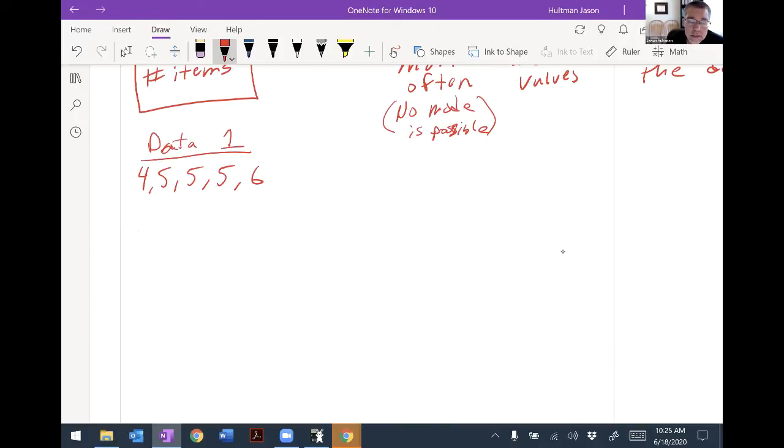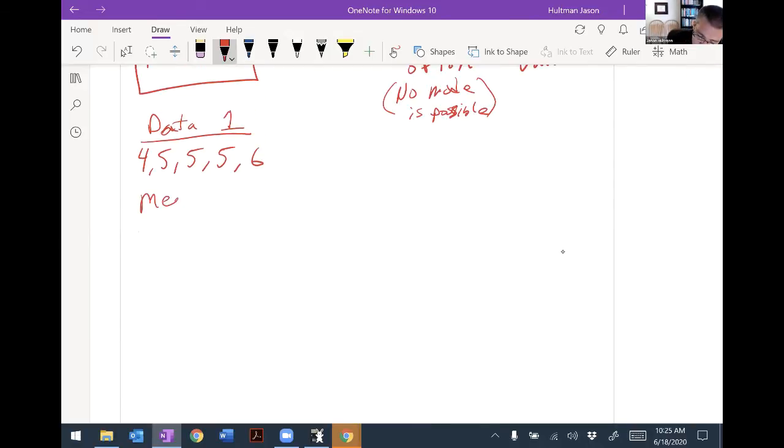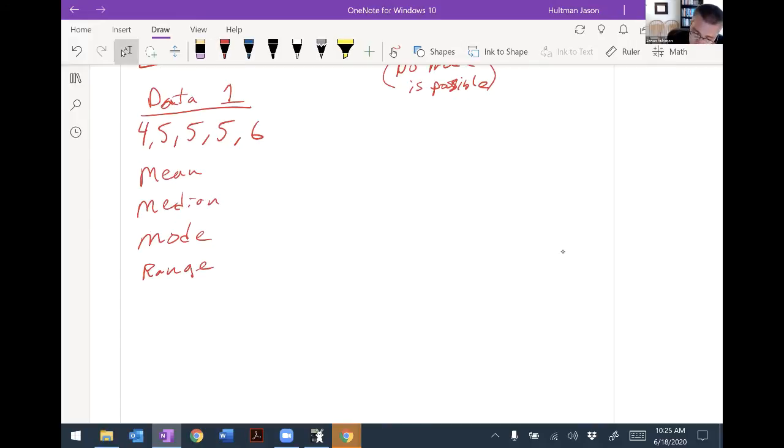We're going to find the mean, the median, the mode, the range, and then eventually the standard deviation, but we're going to save that for a little bit. So what's the mean? How would I find the mean on this data set?